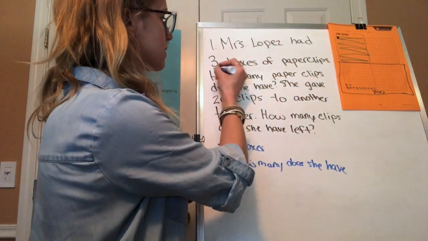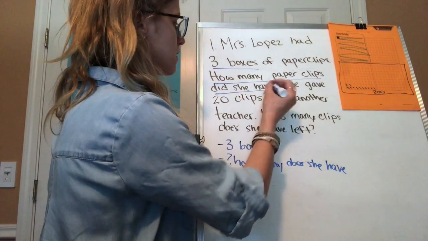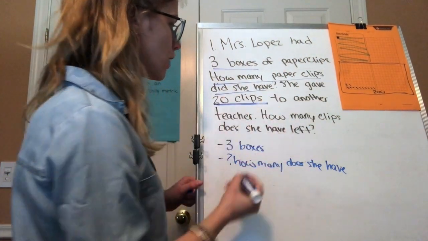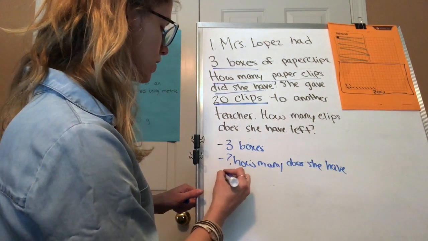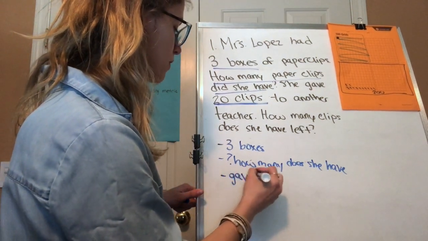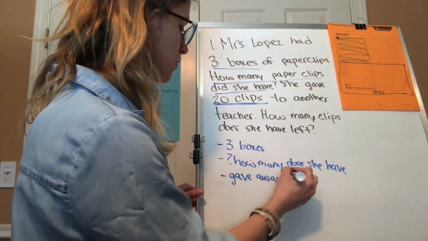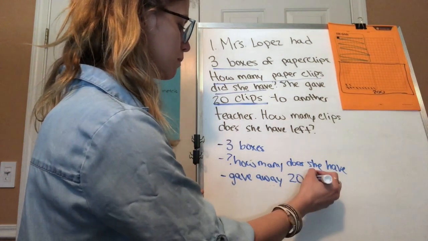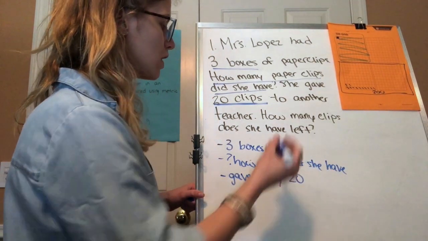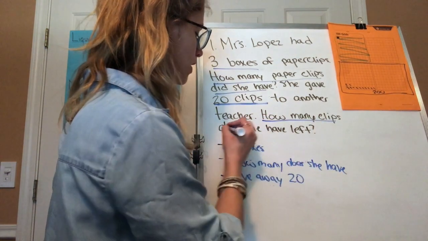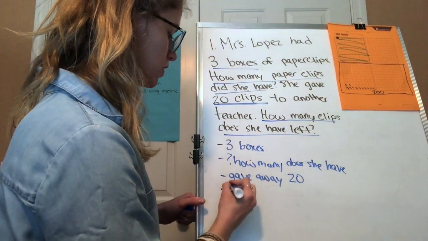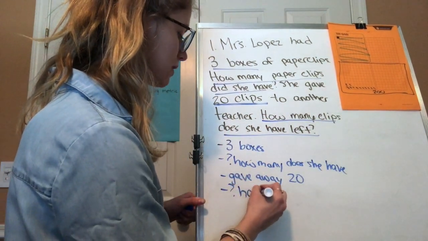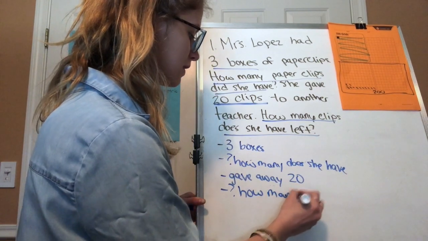Then it says she gave 20 clips to another teacher. So she gave away 20 paper clips. Then it asks, how many clips does she have left? So we need to figure out how many are left.